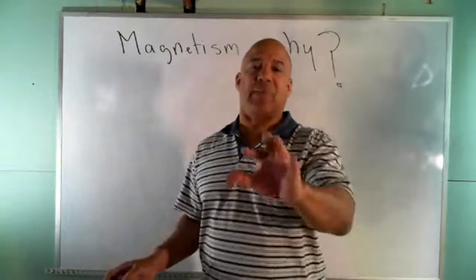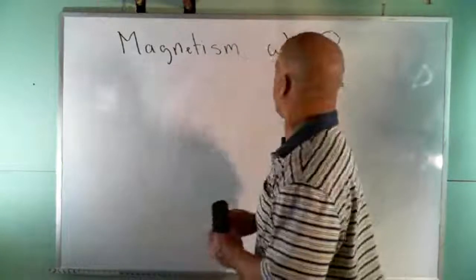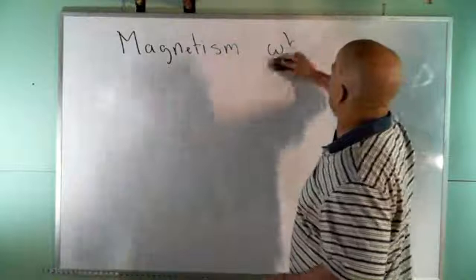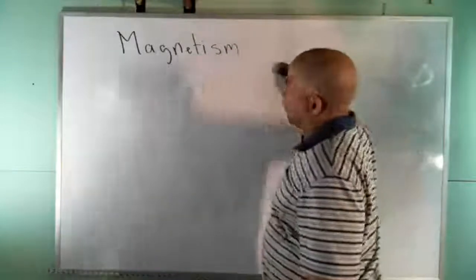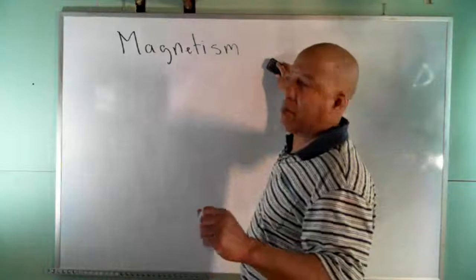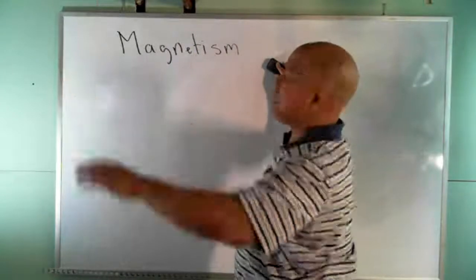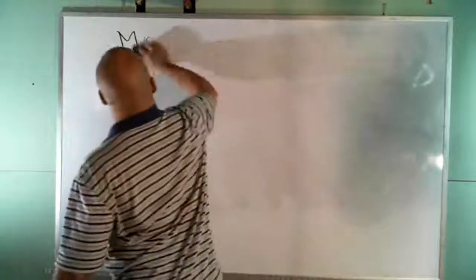The first thing is something that everyone is aware of, a permanent magnet. You've all played with permanent magnets. When you drew those pictures with crayons when you were a kid, your parent probably took the picture and stuck it on the refrigerator with a magnet. So you've all dealt with magnets and you know what they are.